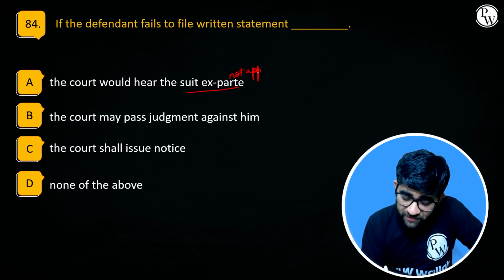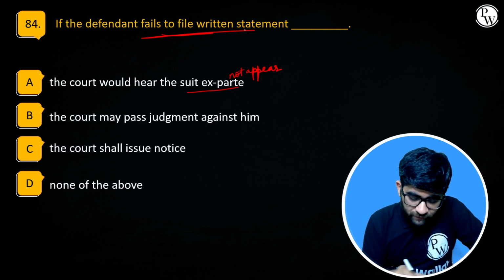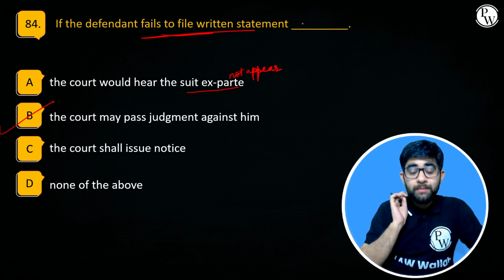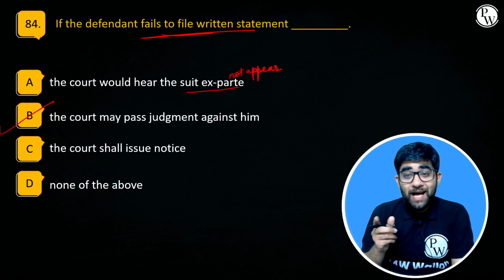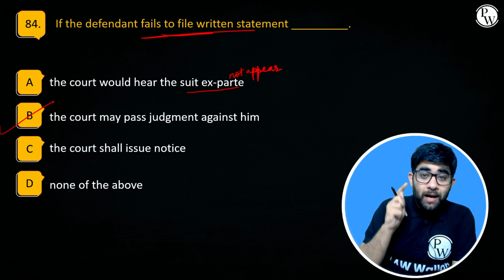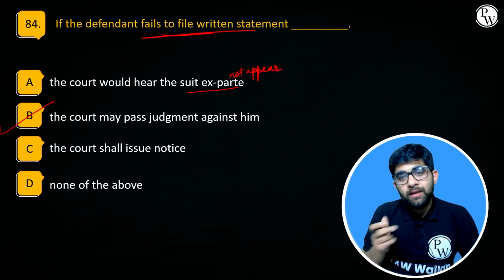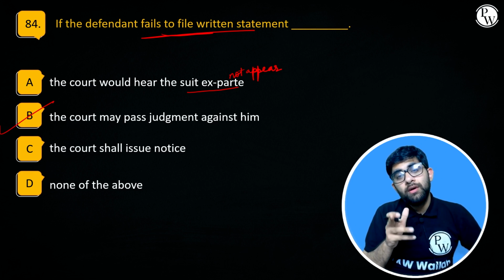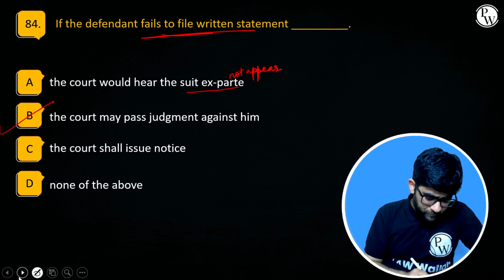Since it is not specified, now it's written fails to file. So the court may pass judgment against him, right? This answer is B, because see, ex parte would have been a scenario where the defendant has not entered appearance. If he has entered appearance, then ex parte is not an option. Then the judgment is an option against him.